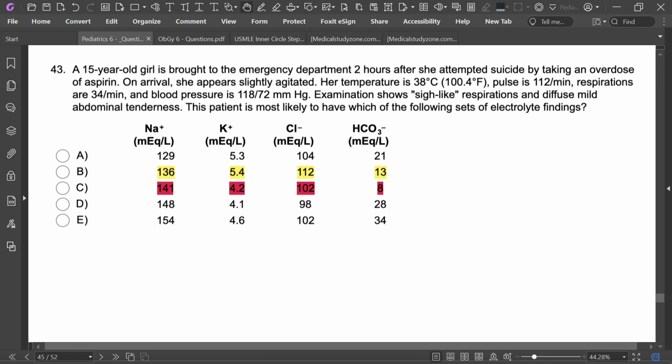So the answer, if she has respiratory alkalosis, then with metabolic acidosis, bicarb will be low. What's the normal bicarb? I forgot. Normal bicarb is 22 to 28.